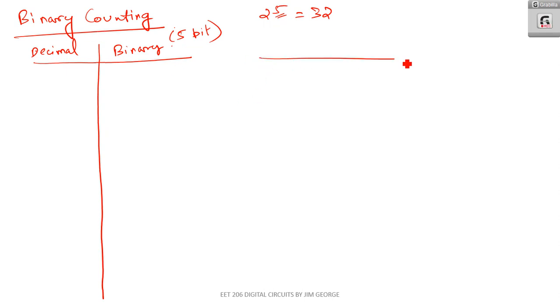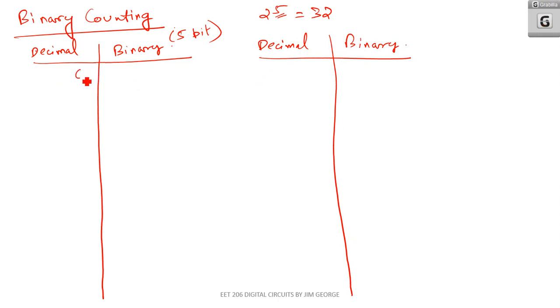So here also I am having decimal and corresponding binary. Now I am writing the decimal numbers up to 32. 0, 1, 2, 3, 4, 5, 6, 7, 8, 9, 10, 11, 12, 13, 14, 15. Initially we will stop at 15.